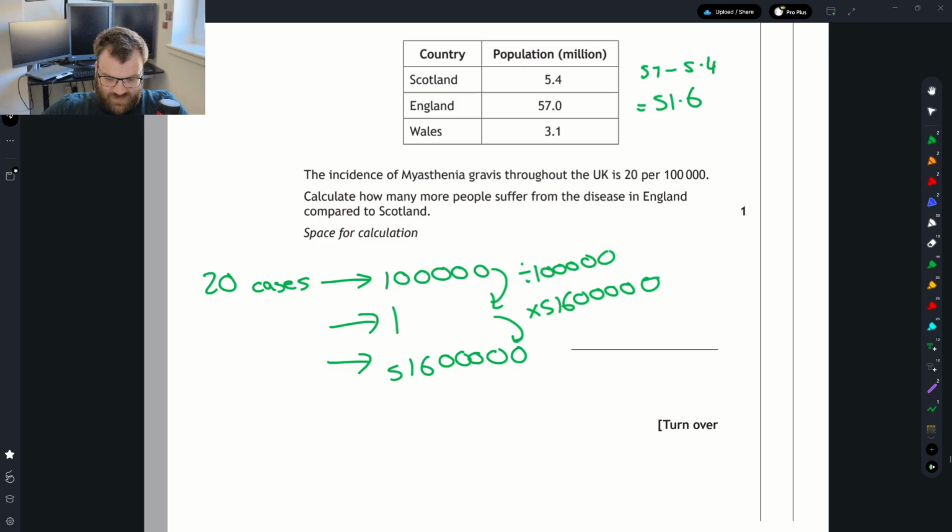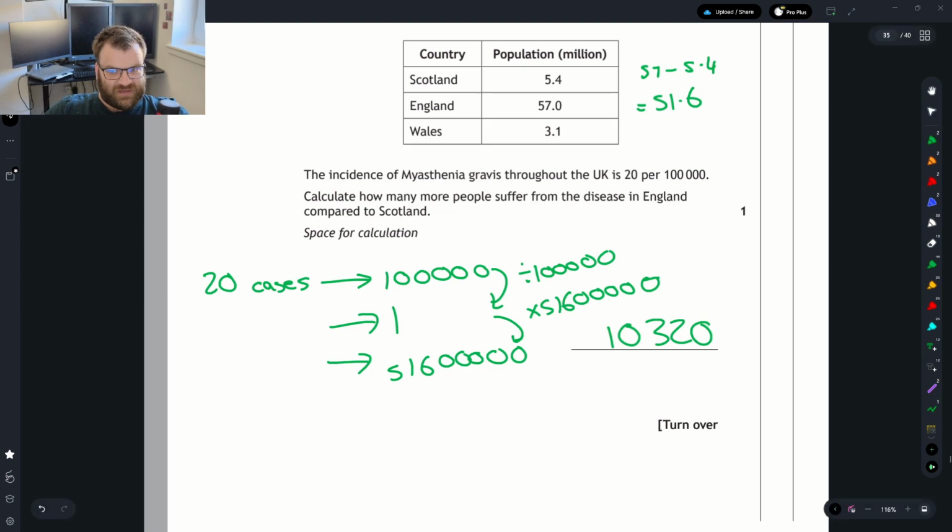Do the same to 20,050. And that gives us 10,320 more cases in England than in Scotland.